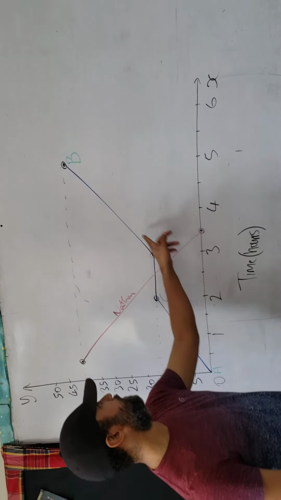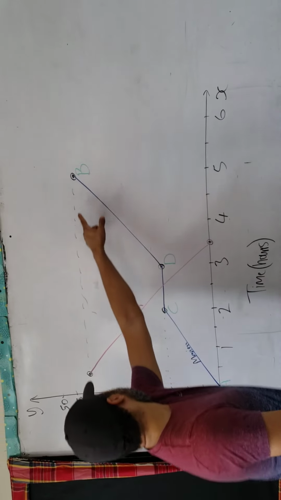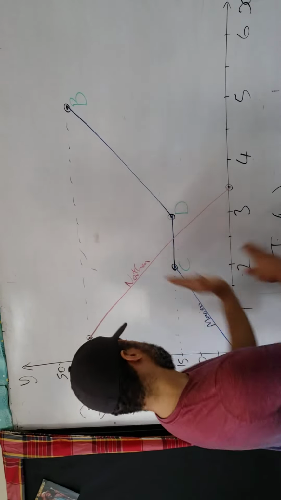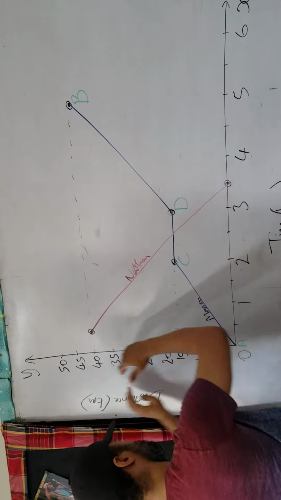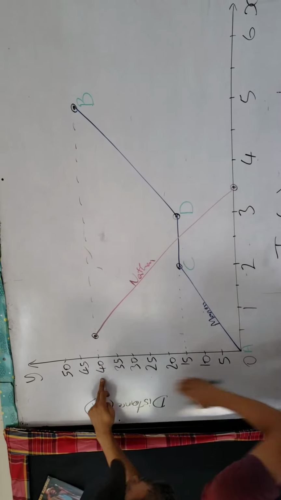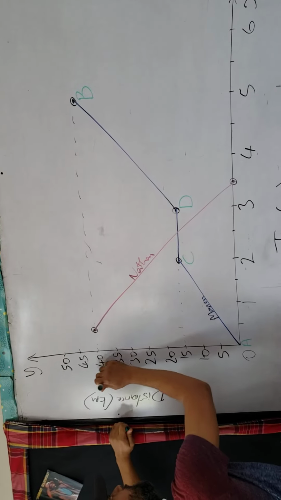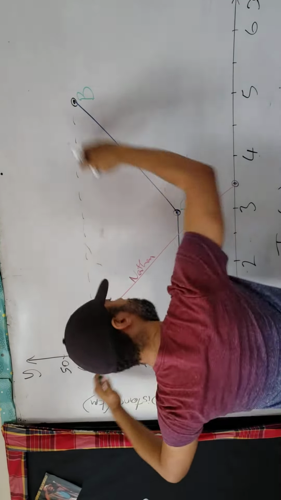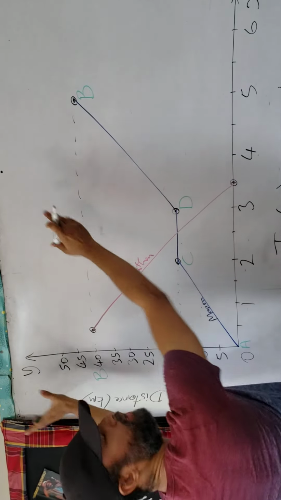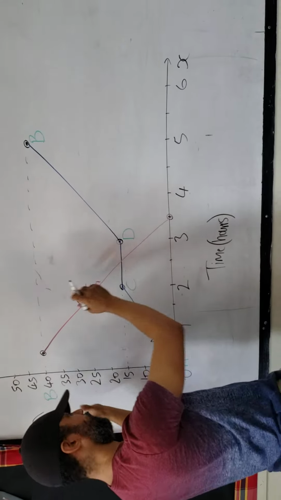Marion goes A, C, D, B. B is how far away, by the way? 40 kilometers. So from A to B is 40 kilometers. I can write B right here as well. So this is B, and down here is A. A to B. You see that?